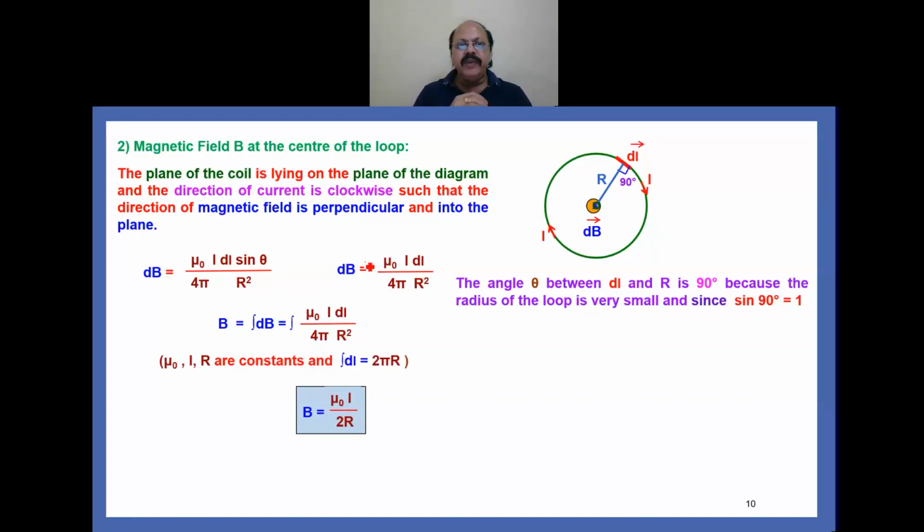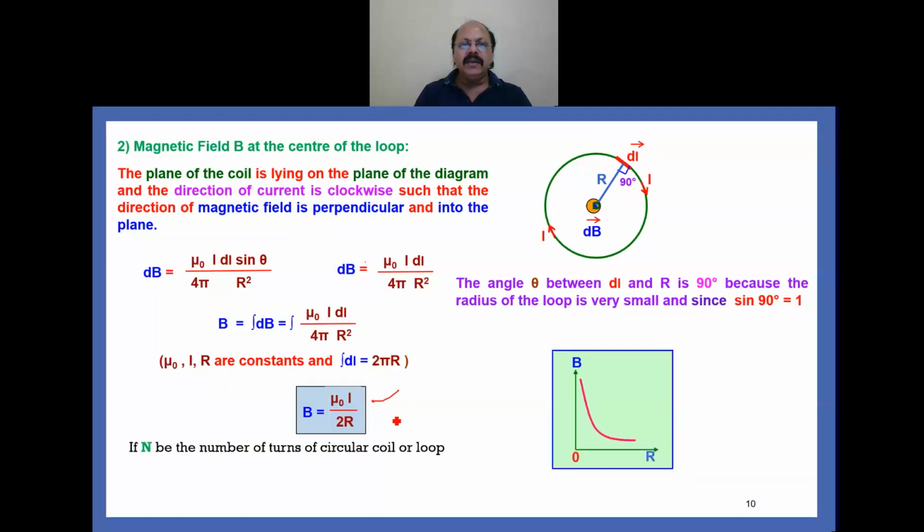So substitute this value in place of integral dl, 2 pi r, and calculate it. You will get B equal to mu naught I upon 2r. Now similarly, if n is the number of turns of the coil or loop, then in that condition B equal to mu naught N I upon 2r becomes the final expression.